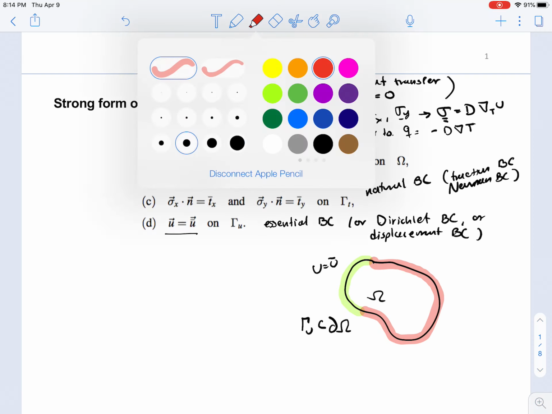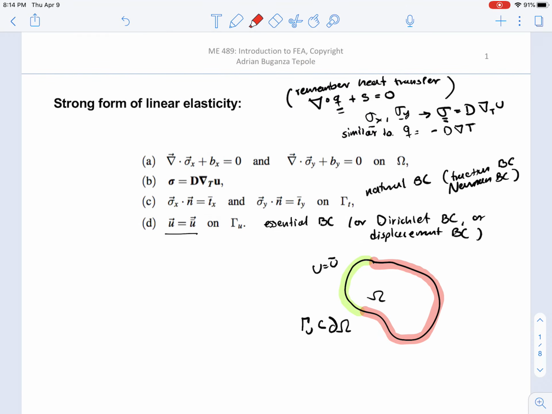And then we have another part of the boundary where we have prescribed tractions or forces. The correct term is tractions, but you can loosely think of that as forces. So this other part of the boundary that we're going to call gamma t. And in that one, we have prescribed tractions, check forces per unit area. And then those are the boundary conditions in the domain.